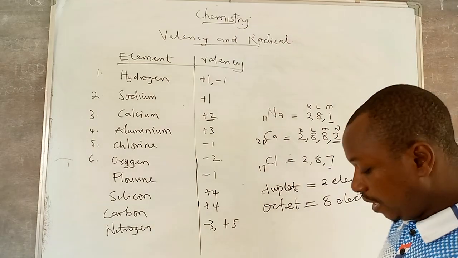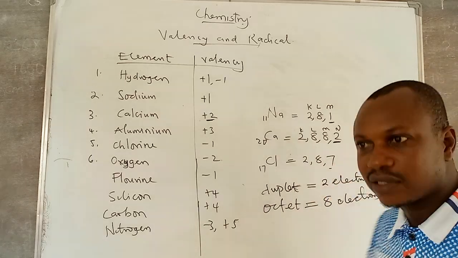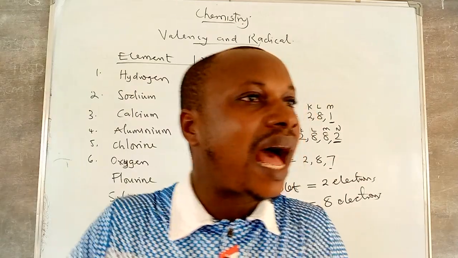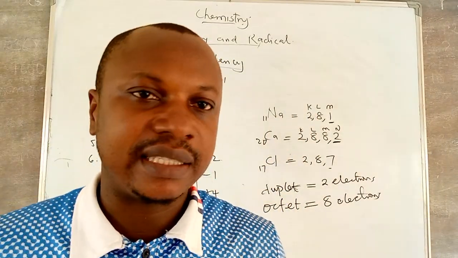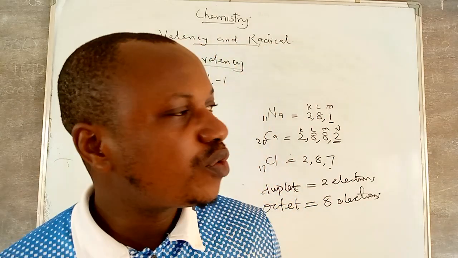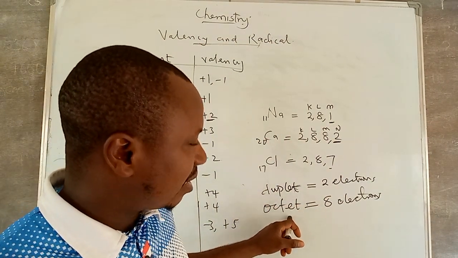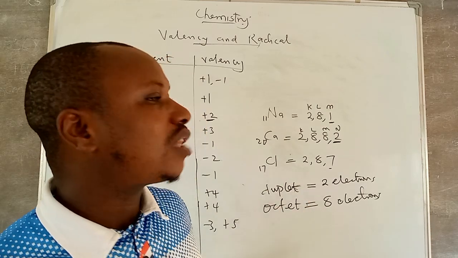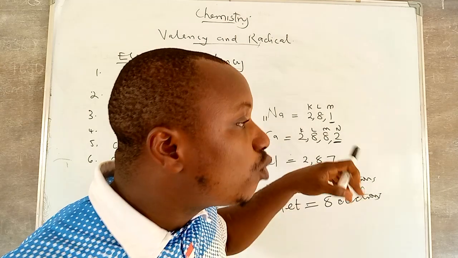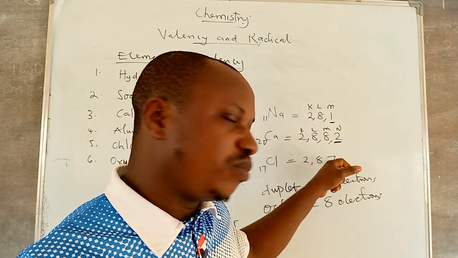So now it is evident what happens when we have chemical reactions. Atoms are struggling to reach bond stability. What do we mean by bond stability? Whether to be stable at duplet or stable at octet. Octet means that the total number of electrons on the outermost shell will be 8. So chlorine will be struggling to make this 7 become 8.